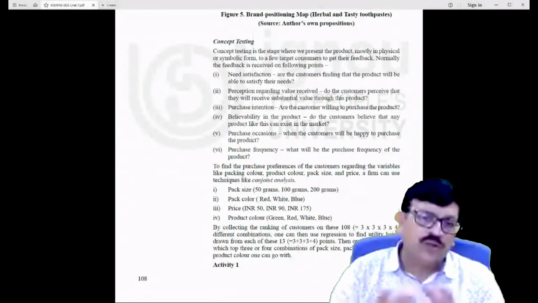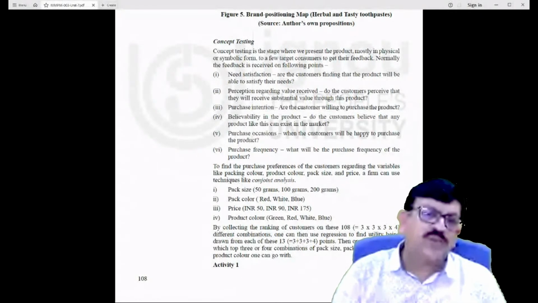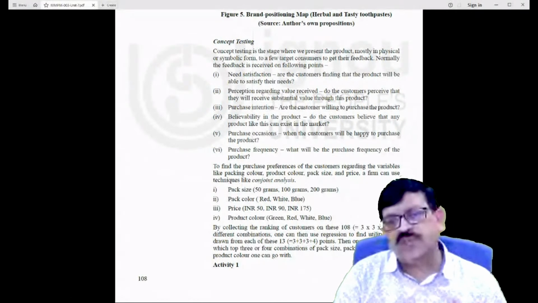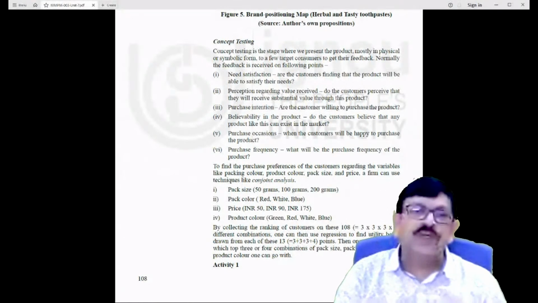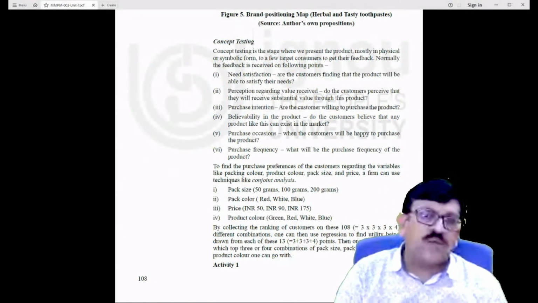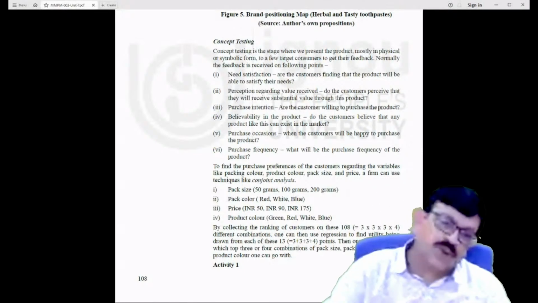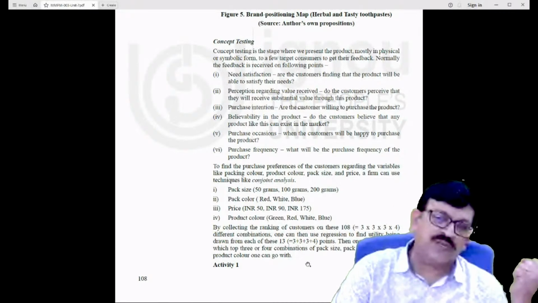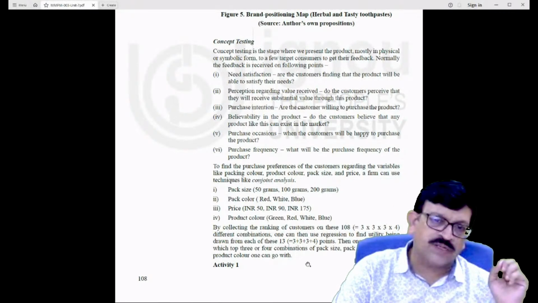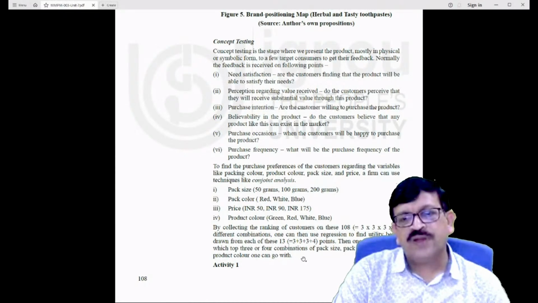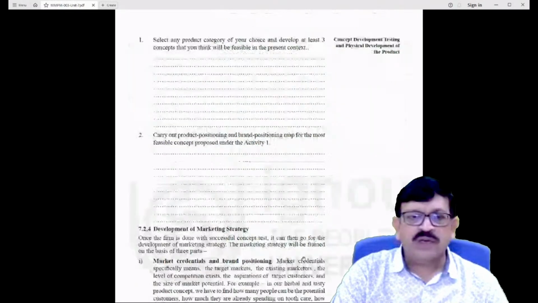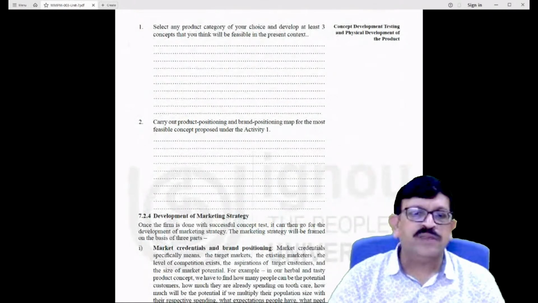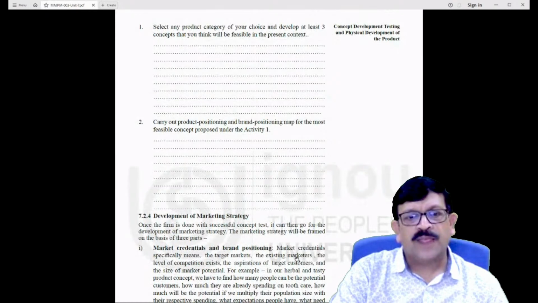Basically, you are trying to fit which attributes the product will have: in terms of pack size, among 50, 100, 200, which would be the best one? Among the pack colors, which is the right color? What kind of price points are they looking at? And what kind of color should the product have? It will give you certain options. Obviously, the one which maximizes the regression values, you can always find out which combination of attributes needs to be taken up for concept testing.